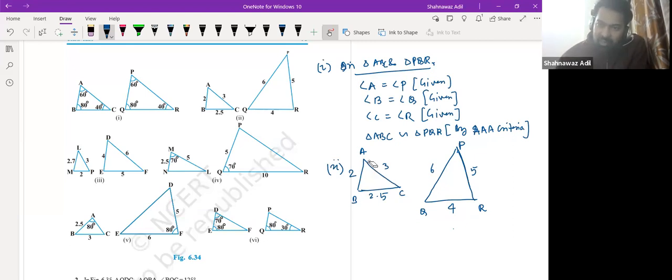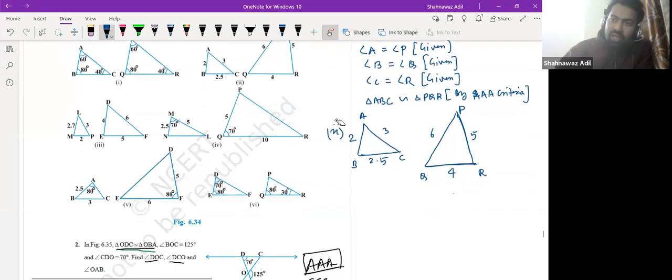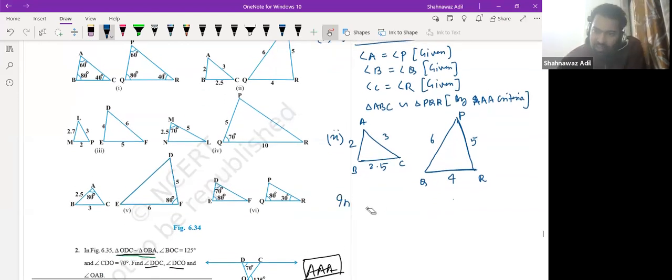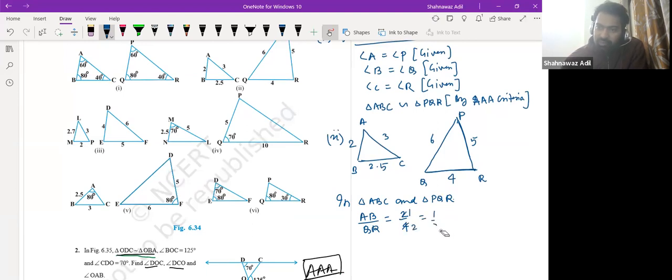If I pick AB, then I have to pick this QR, right? In triangle ABC and triangle PQR, I have to choose AB by QR. That is 2 by 4, so 1 by 2.